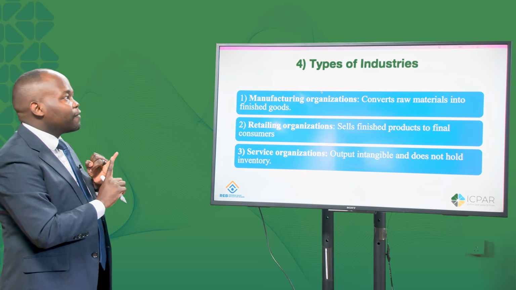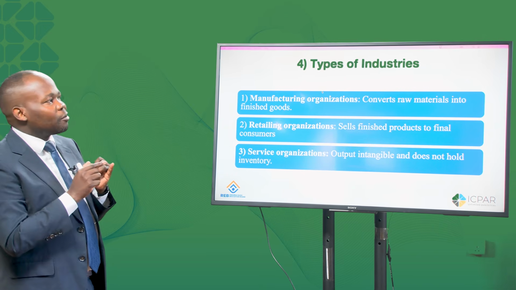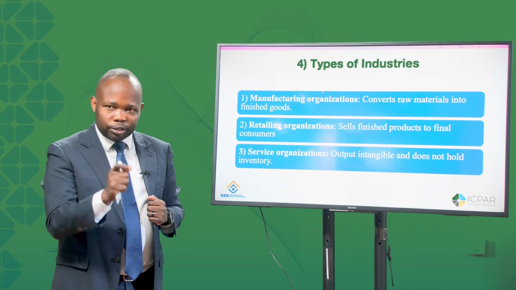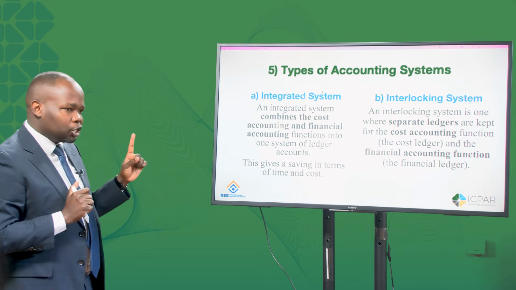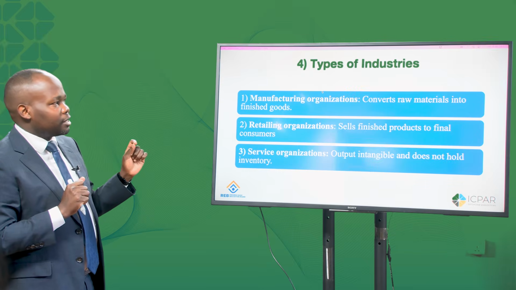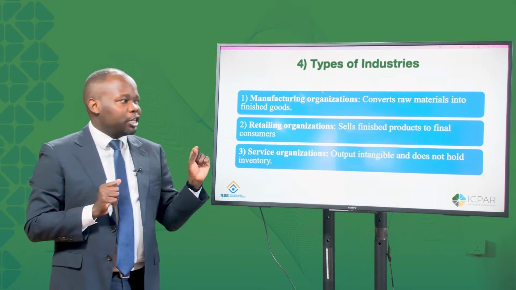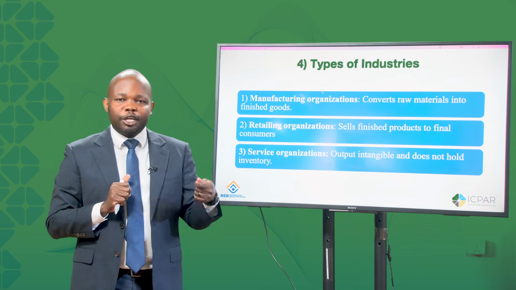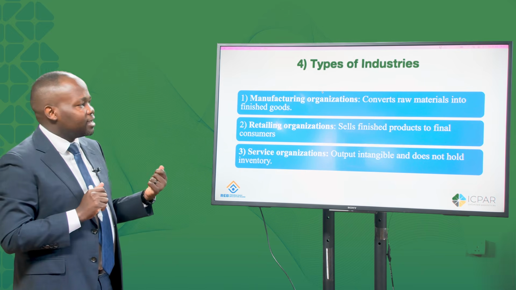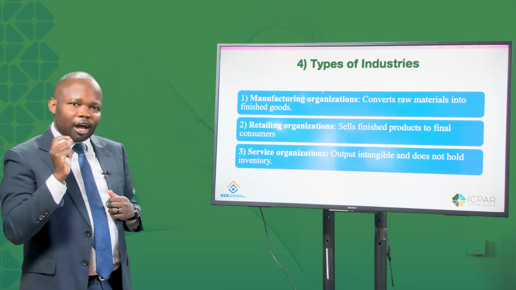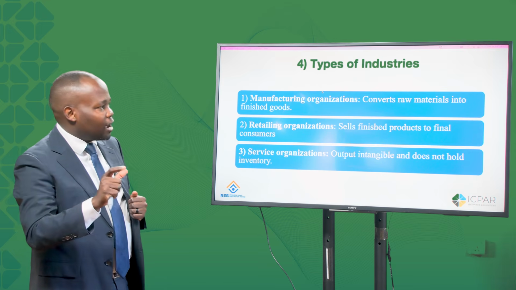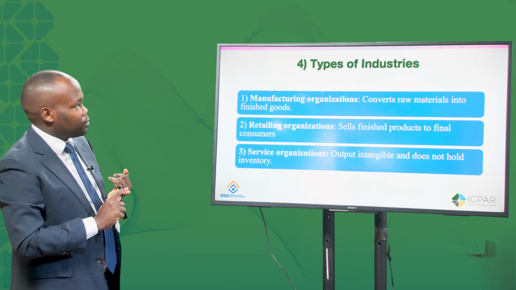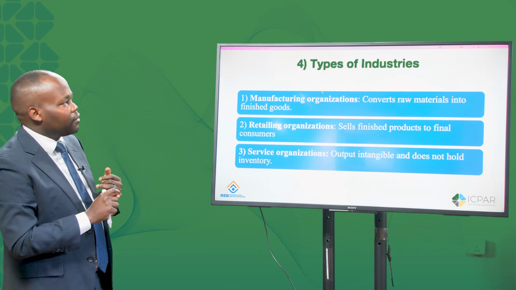When we start with manufacturing organizations, these are organizations that convert raw materials into finished goods. Number two, retailing organizations. Retailing organizations sell finished products to final consumers. They don't manufacture, they don't produce. On the other hand, service organizations, their outputs are intangible and they do not hold inventory. So that is types of industries.